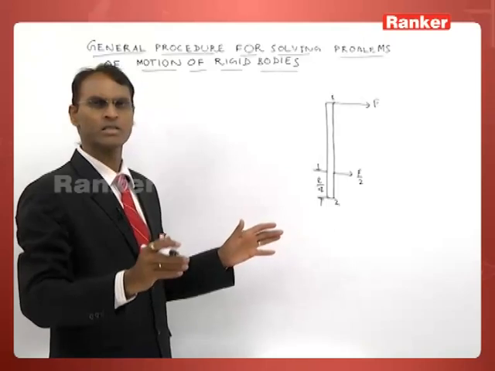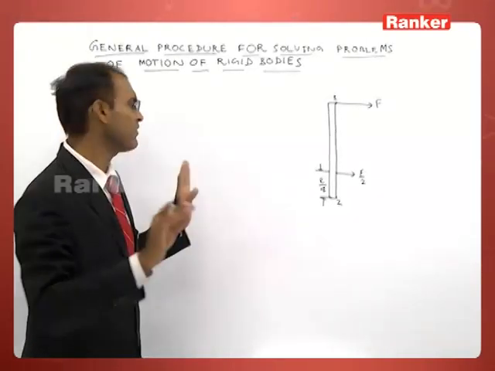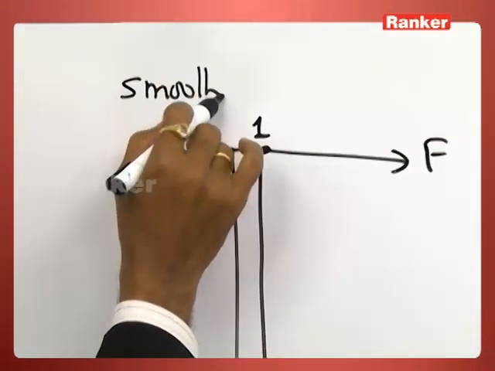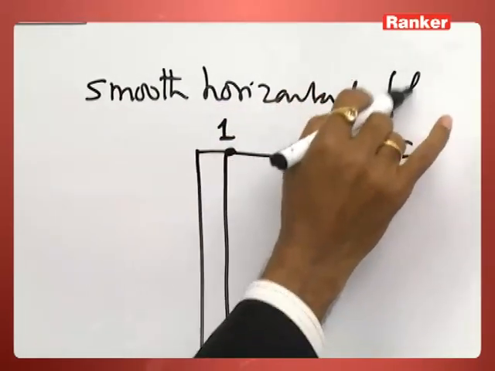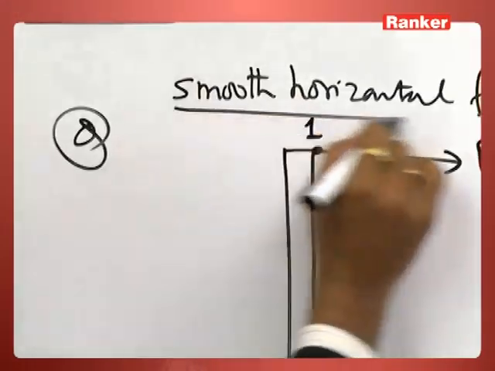The rod is placed on a smooth horizontal floor. The horizontal floor is smooth.